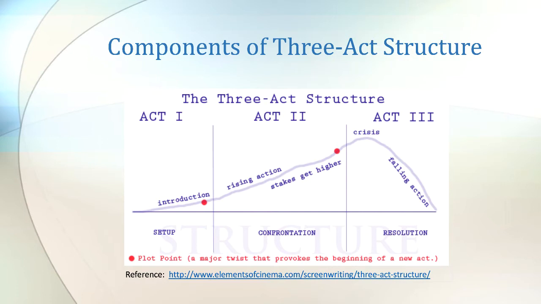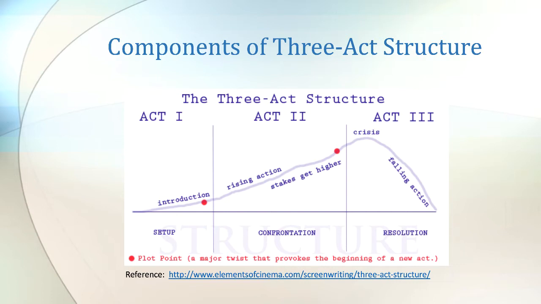Then there's the falling action, the resolution. Everybody's happy. We see the good guys all together, smiling and happy. So that's a typical three-act structure that stories will follow, especially in popular fiction.